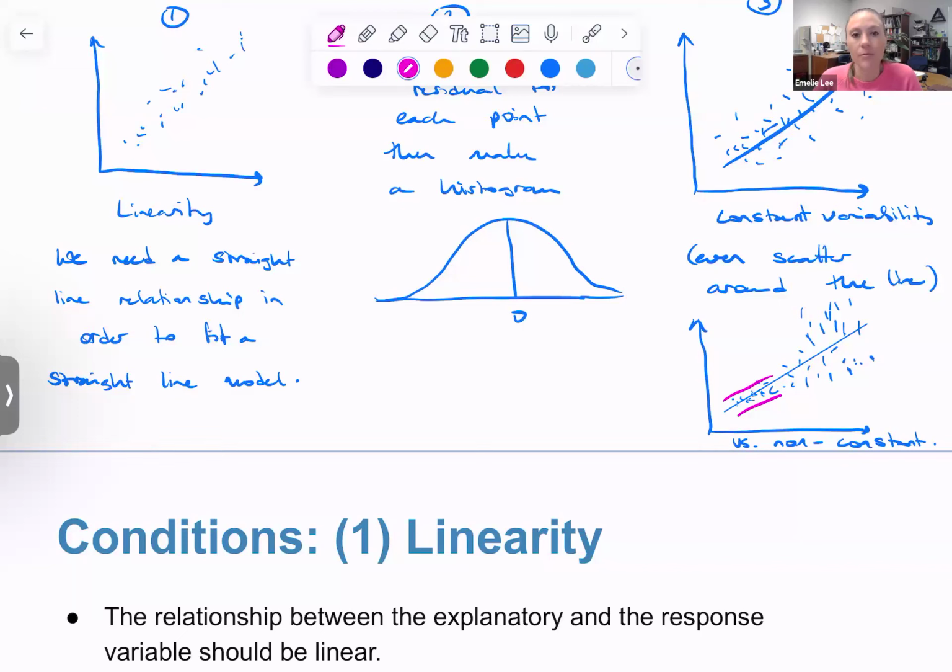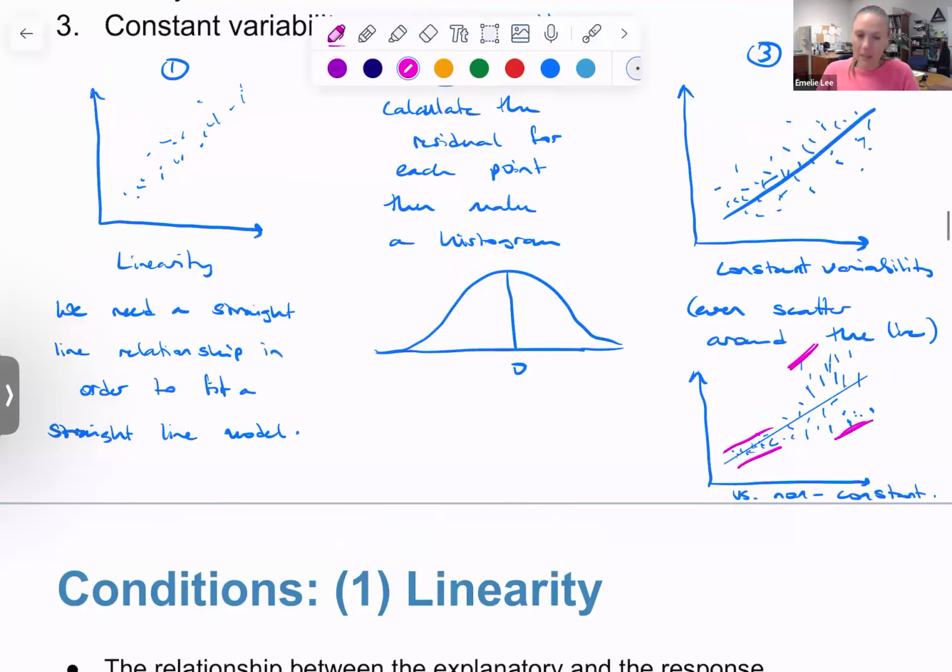You're very confident in these predictions, but then you're using the same line for predictions in this realm, right? And so that's going to be a problem, right? And so that's what non-constant variability looks like. And so we need to have random scatter around the line.